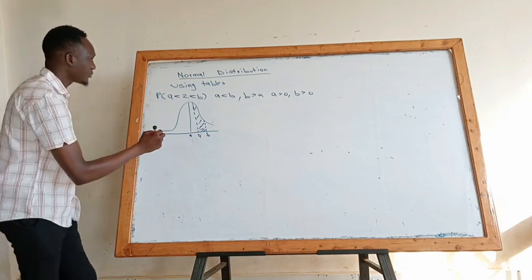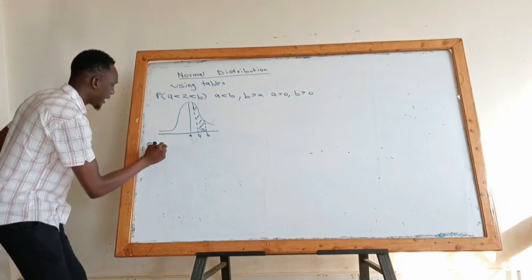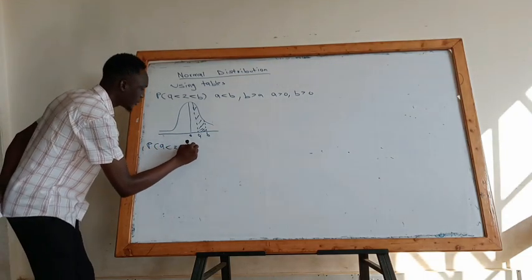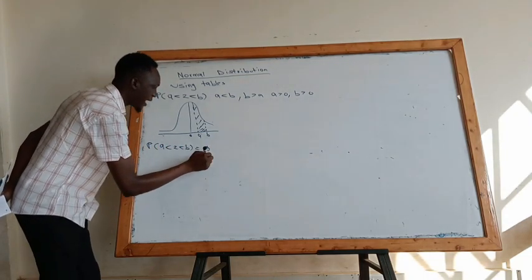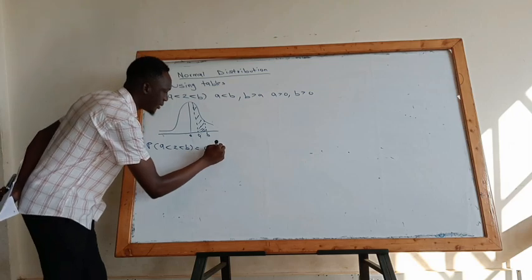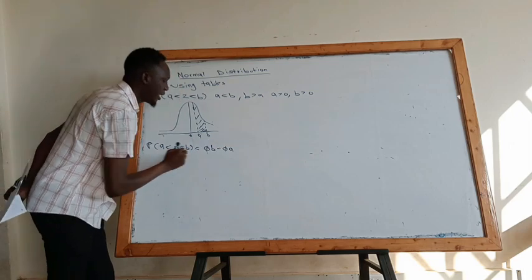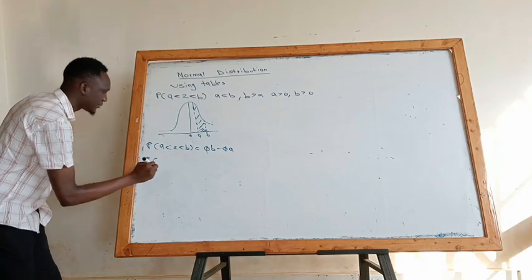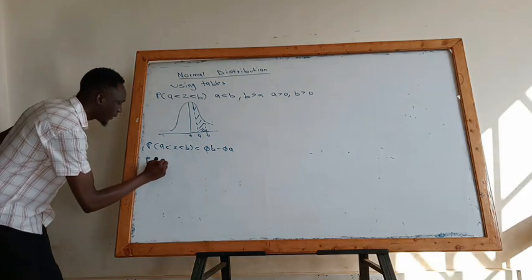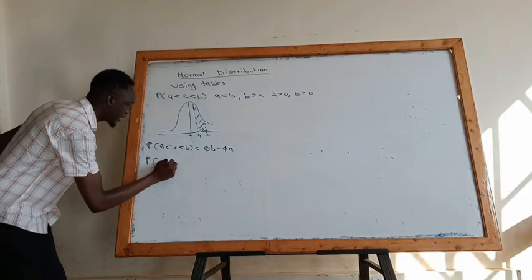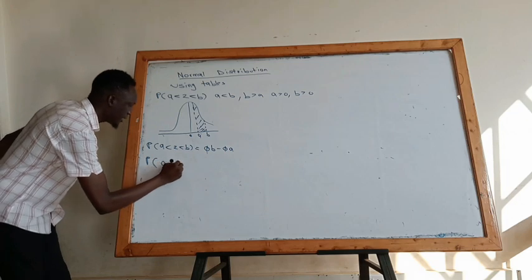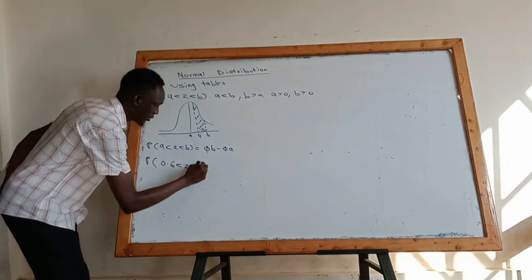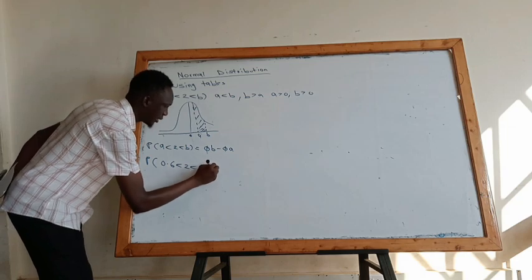So the probability that A is less than Z less than B is the same as phi of B minus phi of A. For example, we have the probability that 0.6 is less than Z less than 0.91.